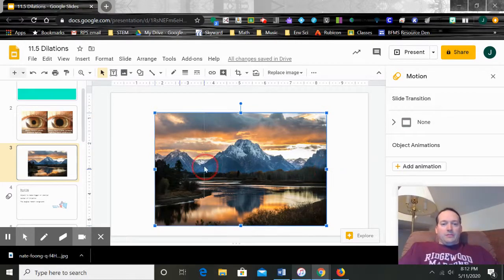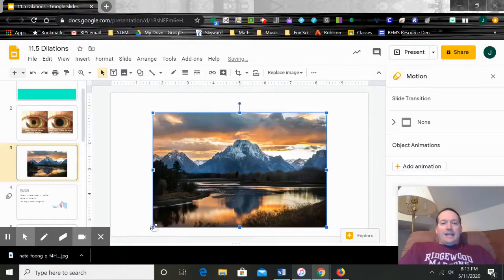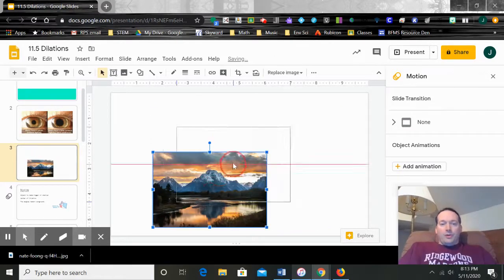If I use this one, it doesn't look the same, does it? If I use any of the corners, I'm going to get an image that looks identical. Everything is in the same proportion. The only difference is the size, so it's either bigger or smaller.